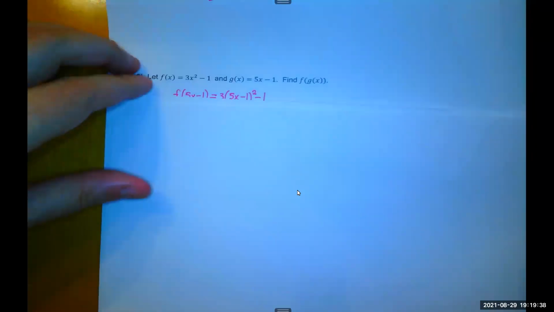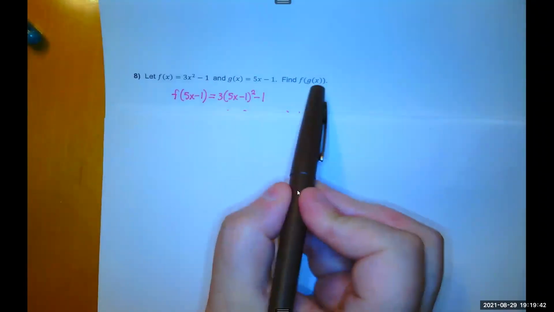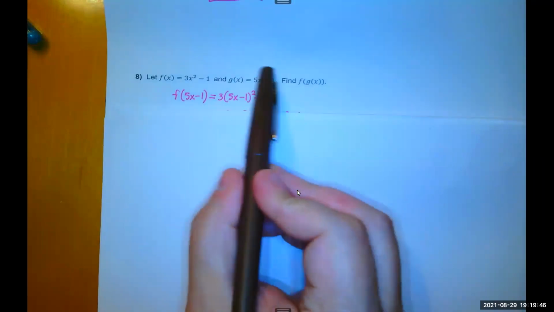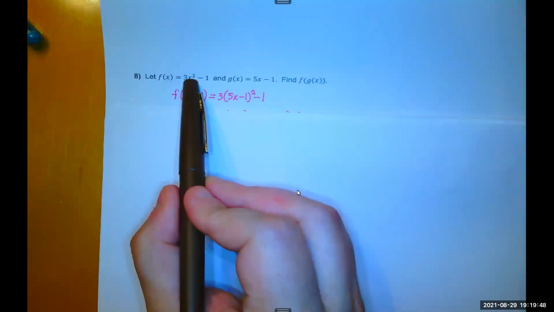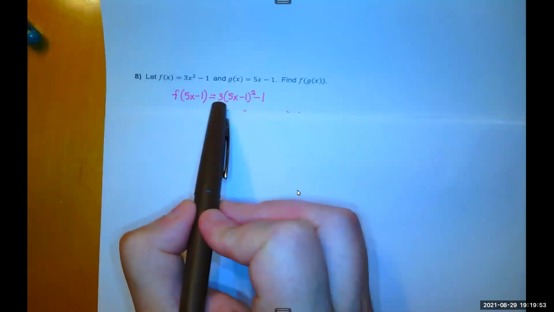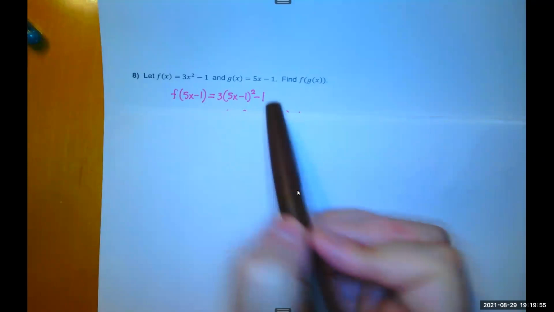Moving right in, when we substitute g into f, it looks like this. So 5x minus 1, that's g. It goes right here in the x spot. So it's 5x minus 1 being squared, multiplied by 3, subtracting 1, in that order, because that's what the order of operations tells us.